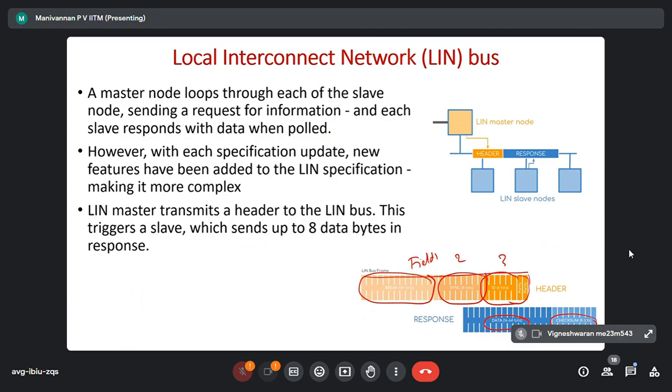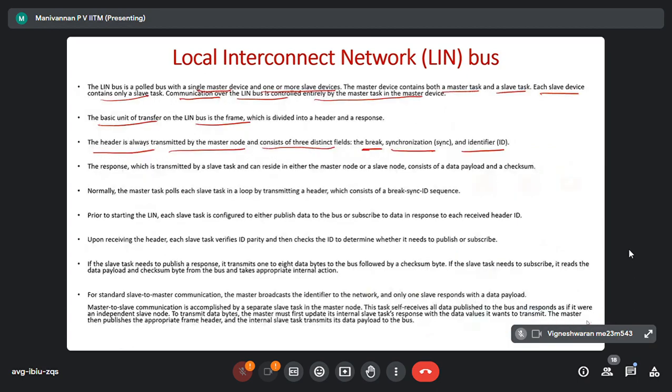Right? Checksum. Okay. The response, which is transmitted by slave, can reside in either master or slave, right? Consisting of data, payload, and checksum. Please note that the response can be, they said, this one slave task. See the word they are using.